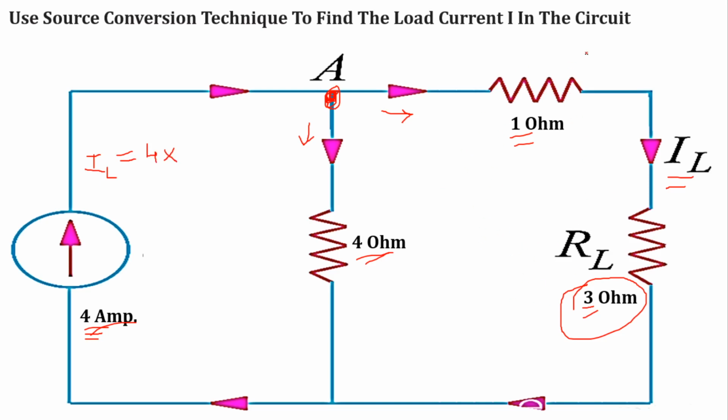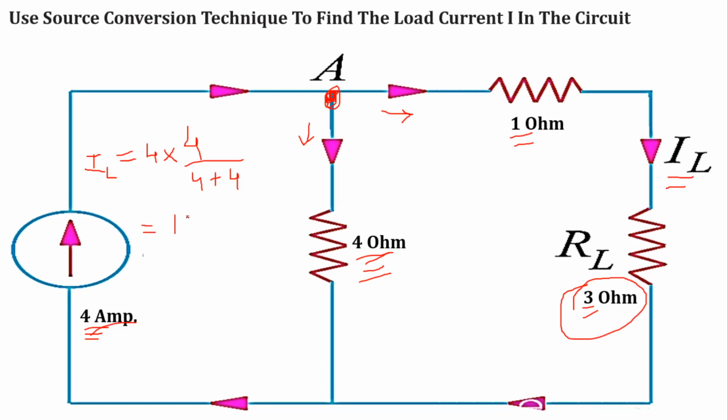So with respect to this branch, the parallel resistance is equal to 4 ohm. So I can write 4 divided by the total of the branches which are connected in parallel. So this 4 ohm resistance and this 1 plus 3, 4 ohm resistance are connected in parallel. So I can add both resistances, 4 plus 4.